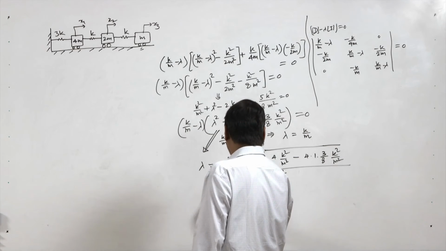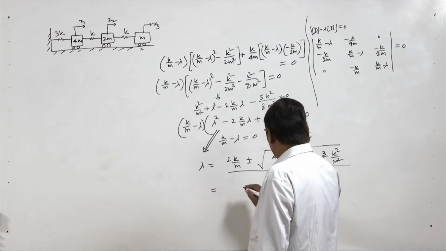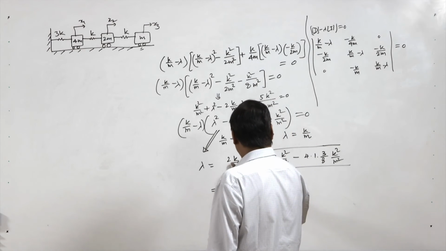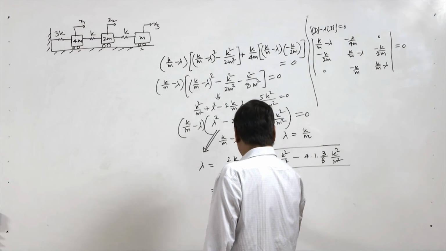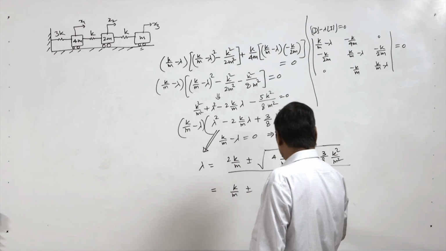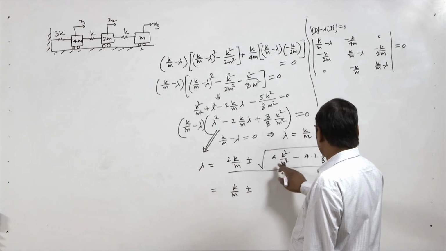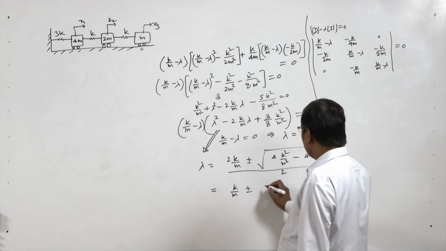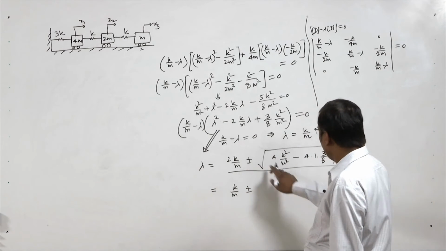Now we will have k by m plus minus, because we have this. Now 4k square by m square we take outside, so it is 2k by m, and 2 will cancel out.